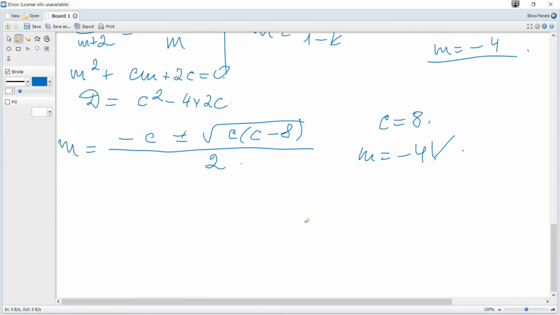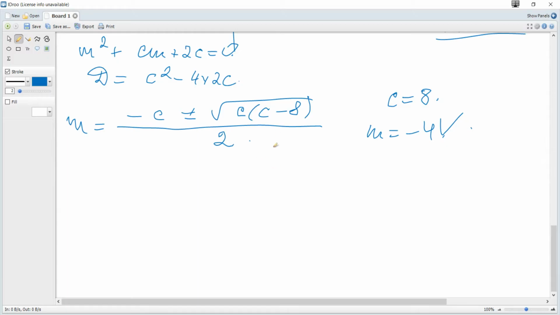But if we try other possibilities, possible values may also be c may be 9, so m can be (-9 plus or minus 3) over 2, and it may be -6 or -3.